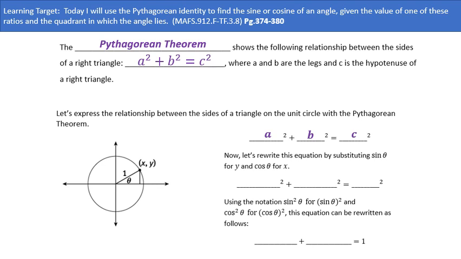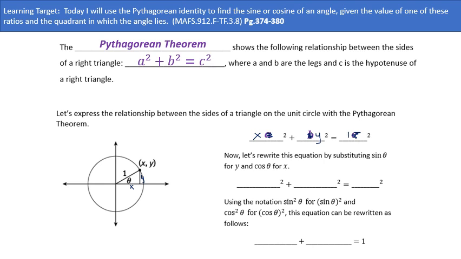If we wanted to think about this in terms of the unit circle, what is a? Okay, so a could be x, b could be y, and c could be 1. So instead of a squared plus b squared equals c squared, in terms of the unit circle, it'd be better if I said x squared plus y squared equals 1 squared.